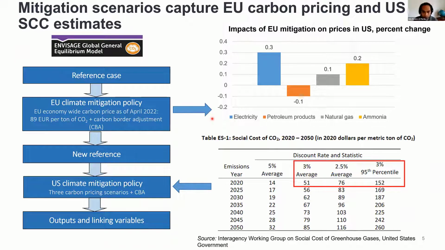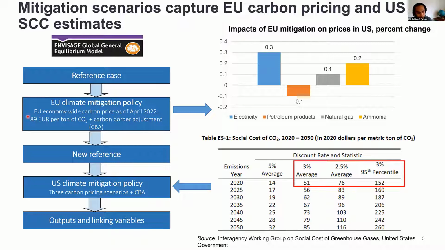When we are designing the scenarios, this is the general workflow, and this is done in Envisage. We start with the reference case, and we implement the EU climate mitigation policy on that reference year. Think about 89 euros per ton of CO2 emissions implemented in the EU, plus carbon border adjustments. When you implement that policy, you're going to have a new reference year, or an updated base year.